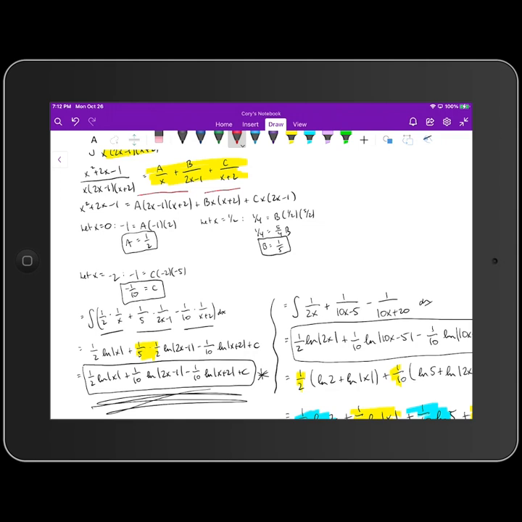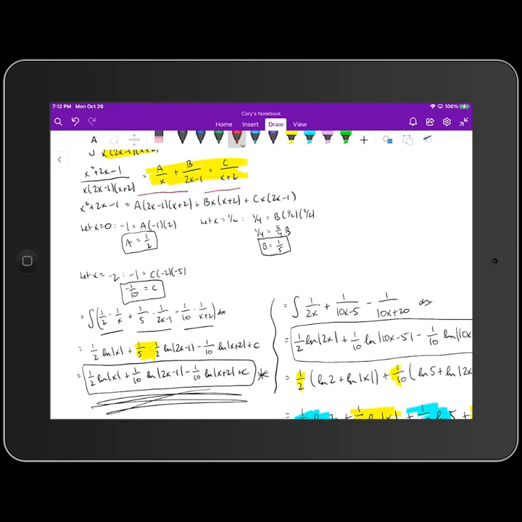And when we do this, we now have something that we can integrate pretty easily. If we pull 1/2 out front, the antiderivative of 1 over x is the natural log of the absolute value of x. If I pull 1/5 out front, the antiderivative of 1 over 2x minus 1 is a composite function, so you might want to use u substitution, but it's easy enough that we can integrate it without u substitution.